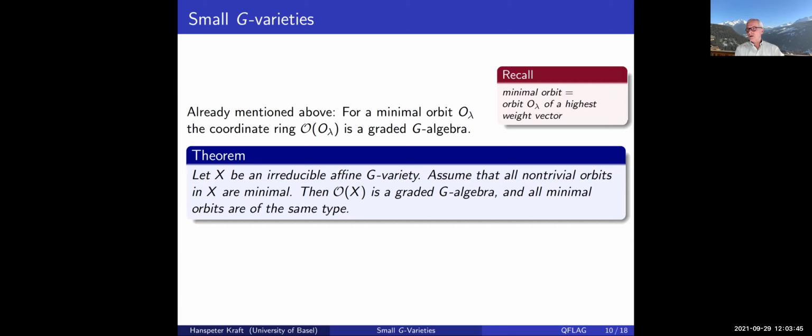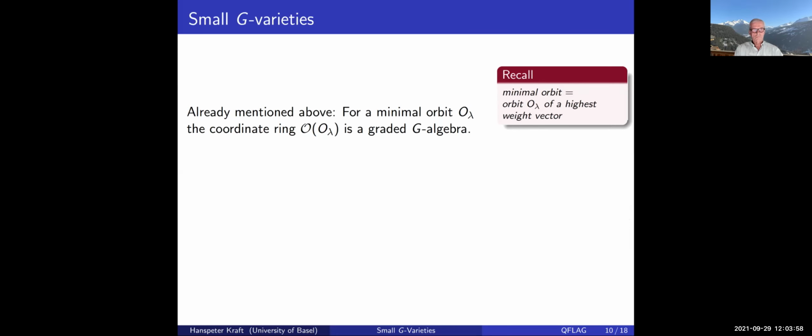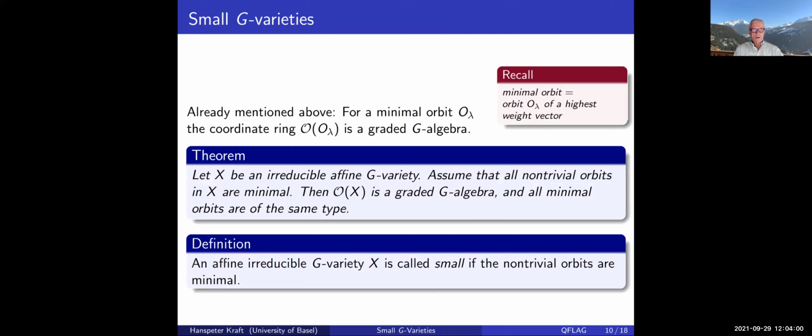The geometric assumption is it only contains minimal orbits or fixed points. And the algebraic consequence is then it's automatically a graded G-algebra. So this is now my definition of small: I call an affine irreducible G-variety small if the non-trivial orbits are all minimal orbits.